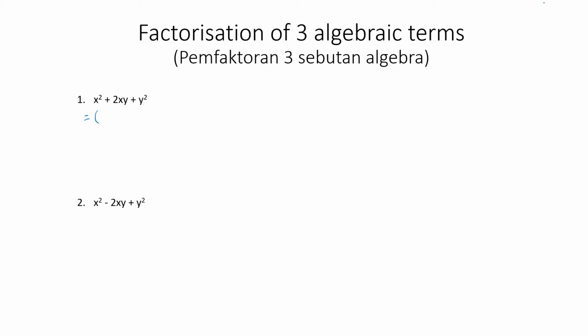Your answer will have 2 brackets. Okay, in order to get x squared, it can come from x squared multiplied with 1, or it can come from x multiplied with x.